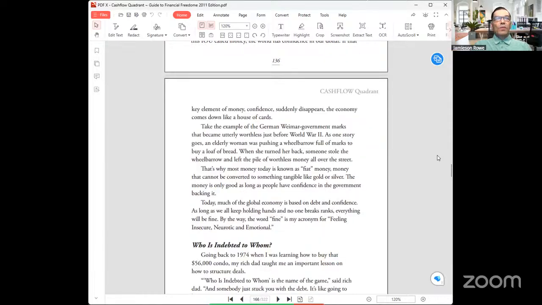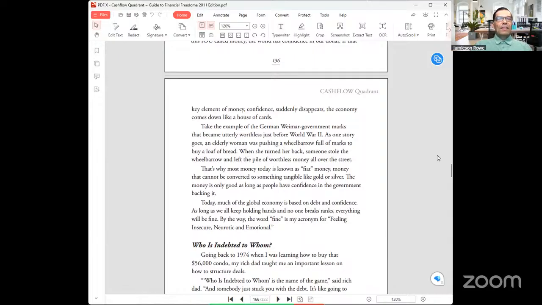As one story goes, an elderly woman was pushing a wheelbarrow full of marks to buy a loaf of bread. When she turned her back, someone stole the wheelbarrow and left a pile of worthless money all over the street. The wheelbarrow was more valuable than the currency.